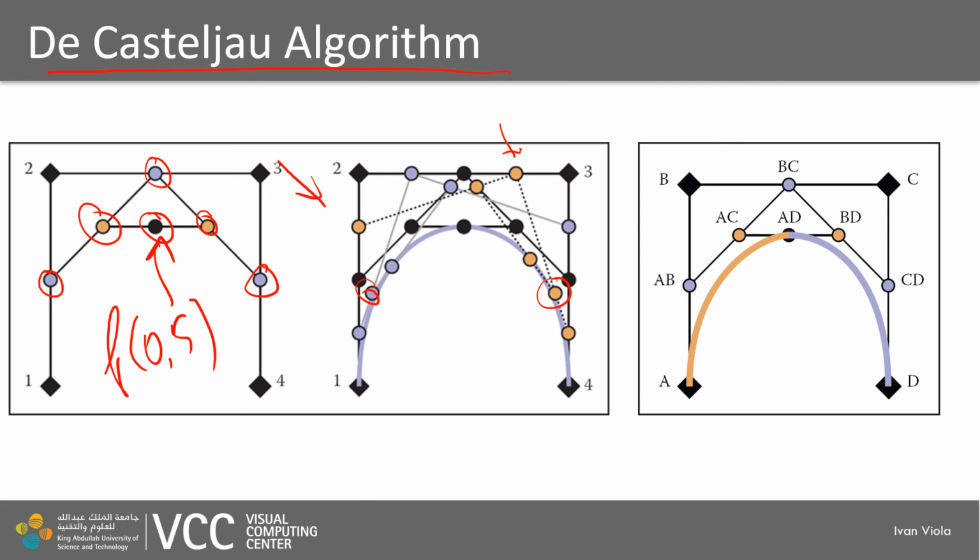Now, sorry, 0.75 is there, this point here. Let me read it once again properly. Okay, here it is. This is not 0.75, it would be this one. And the same holds here for the 0.25. It's this point and this point. So this will be f at the parameter 0.25, and this one will be f at the parameter 0.75.